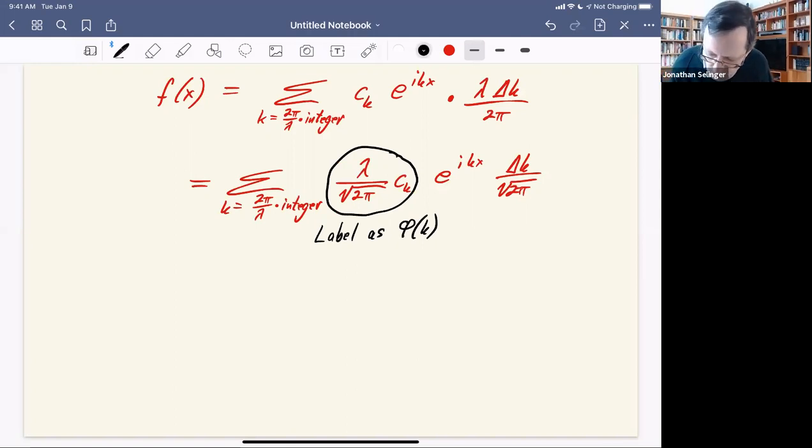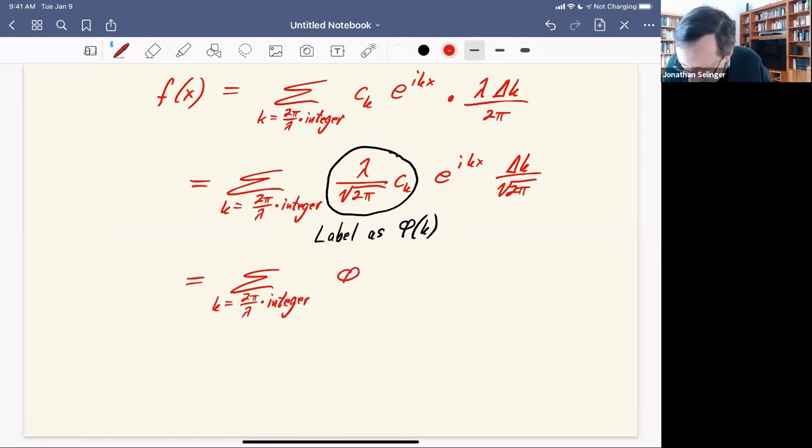So f of x is this sum over k equals 2 pi over lambda times an integer of phi of k e to the i kx delta k over root 2 pi.